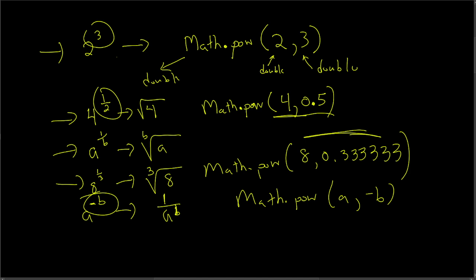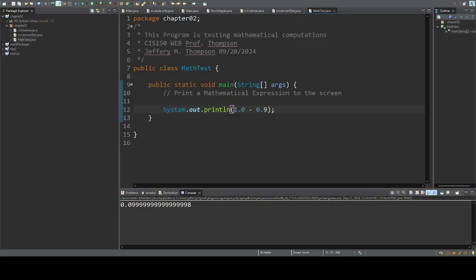And again, when you're programming and you're learning a new command, setting up a quick display to view that command can sometimes help. So I'm going to come over here, and I'm going to look at some examples of math.pow. Now notice Eclipse gives me a suggestion here, and it tells me it wants a double, comma a double.